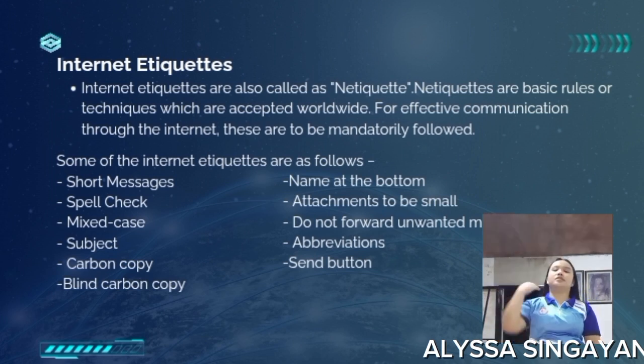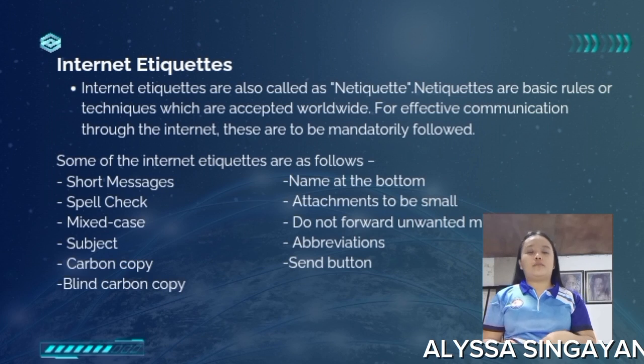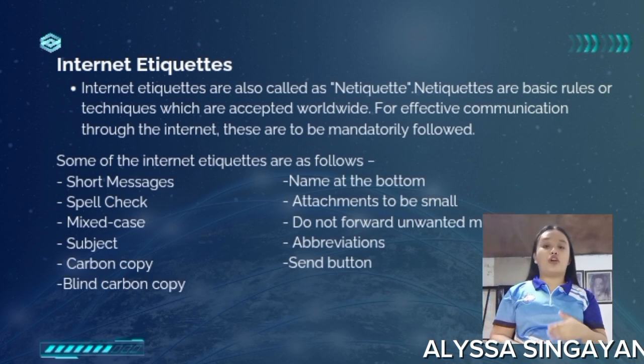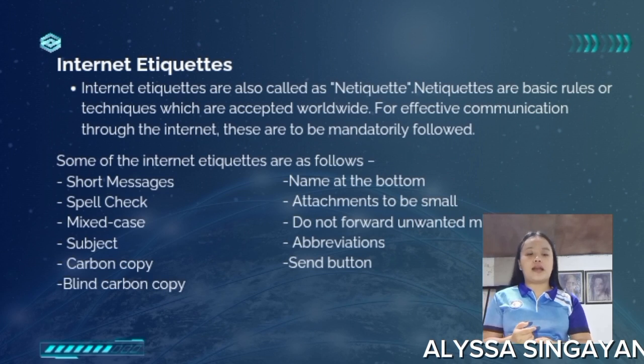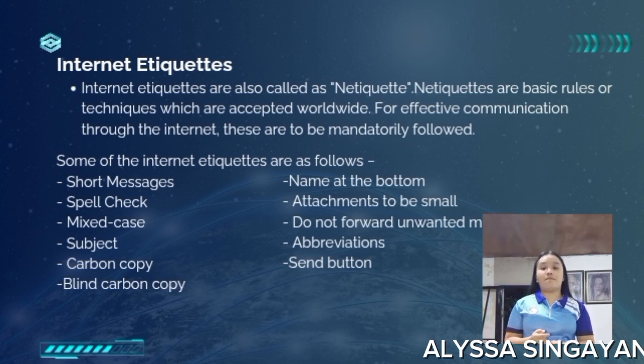And number 6 is blind copy, blind carbon copy or BCC. Blind carbon copy is an email feature that lets you secretly include a recipient in an email, hiding their address from others.